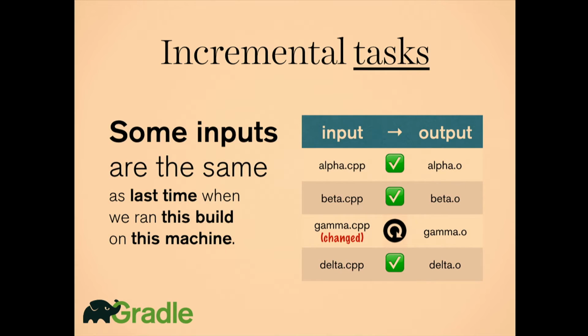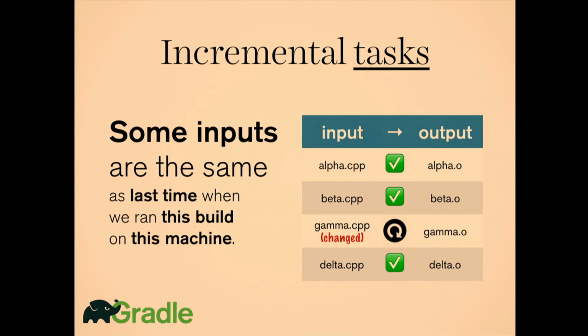We also have incremental tasks, which is a bit confusing, but that's a different story. So the previous strategy works really well in general. It usually saves you a lot of time because, well, most of your tasks are not influenced by every single change you make. Incremental tasks is a special feature aimed mostly towards languages like C++ and C, where you are doing compilation, for example, on a source file basis.